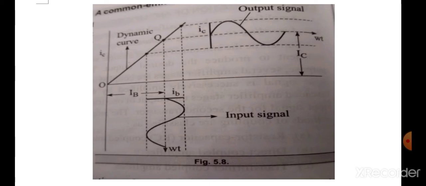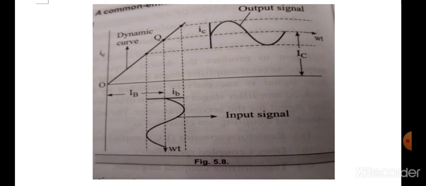In a Class A common emitter amplifier, the output AC collector current, IC, follows the complete cycle of the input signal. As shown in this figure, the output signal must be equal to the input signal. It means it operates completely over the input signal.